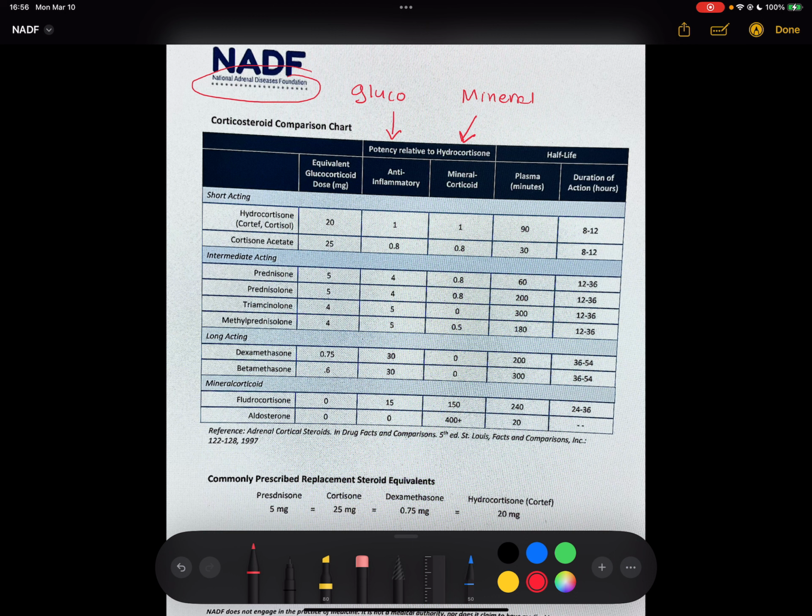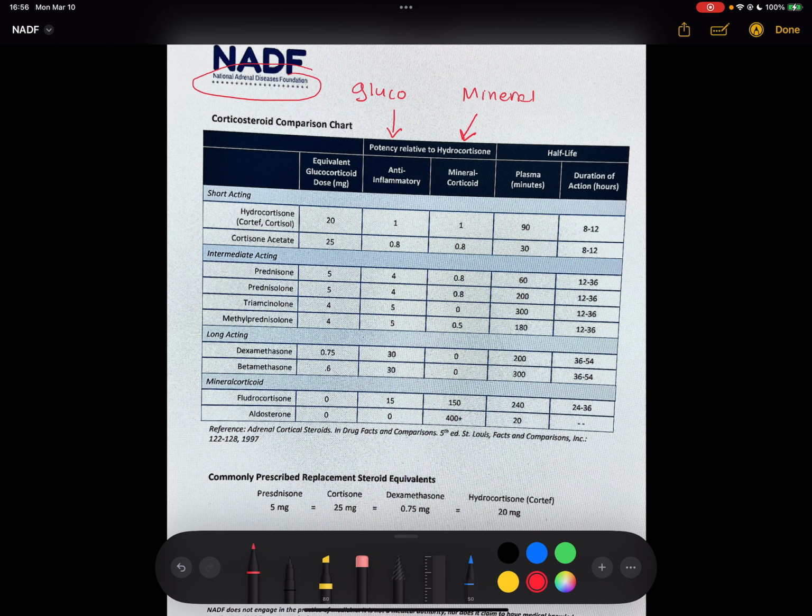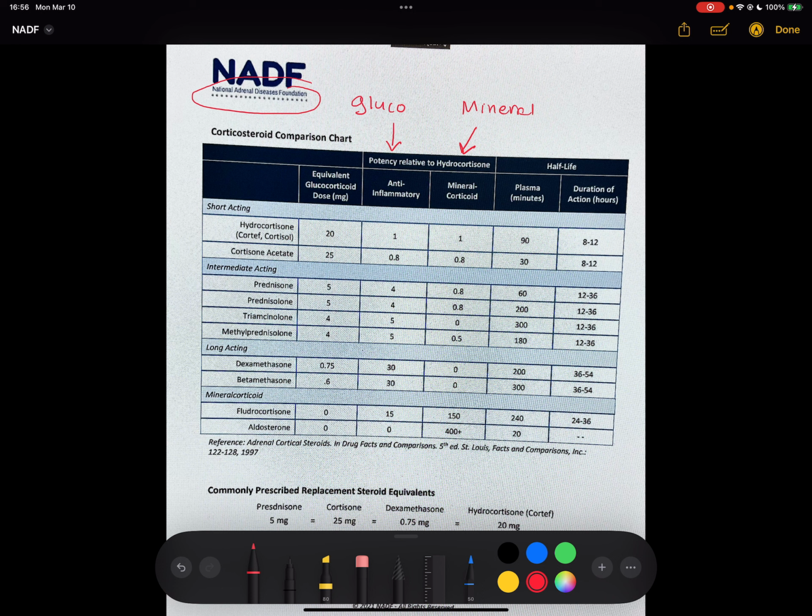And like I said, you can really narrow your choice of corticosteroid down to the activity that you want. So are you wanting mineral corticoid activity? And remember that mineral corticoid activity is mainly going to be the sodium retention and the subsequent water retention.